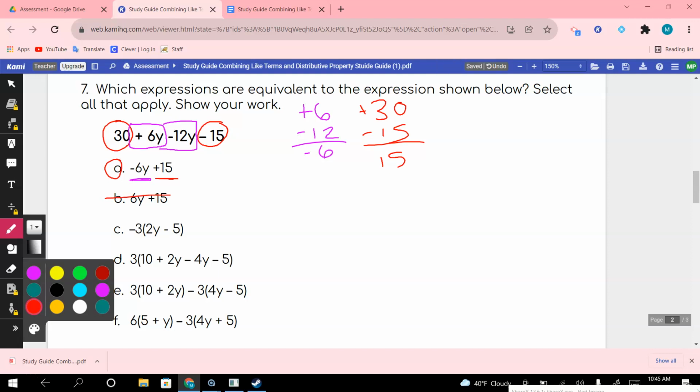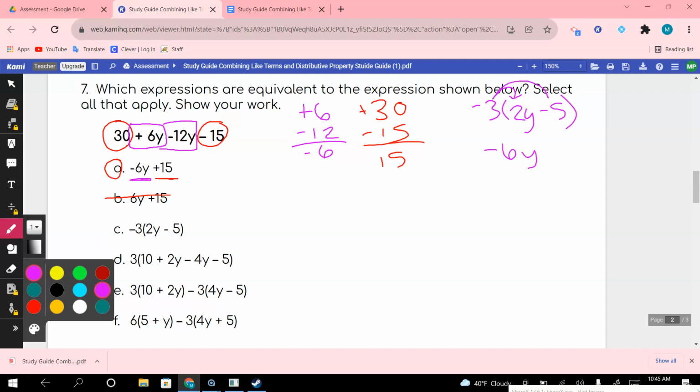Okay, so C, we need to do the distributive property because we cannot do 2y minus 5 to be able to see if it is equivalent. So we have negative 3 and 2y minus 5. Negative 3 times positive 2 is negative 6y.